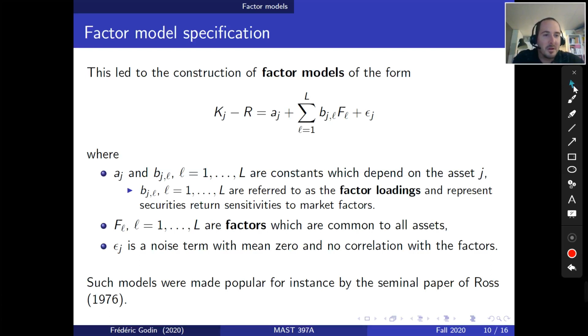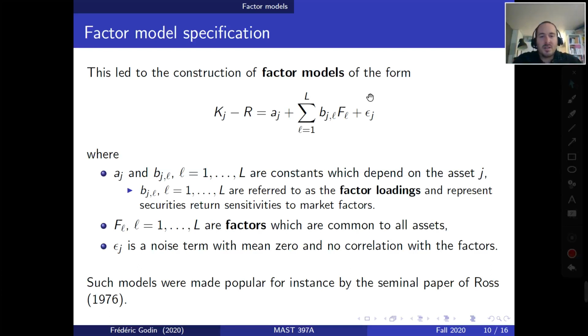The name looks the same, but it refers really to two different theories. To represent the expected return of securities, this is arbitrage pricing theory, whereas for the pricing of derivatives in earlier chapters, it's often referred to as no arbitrage derivatives pricing or something like that.